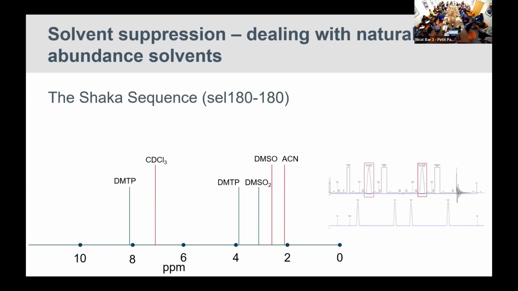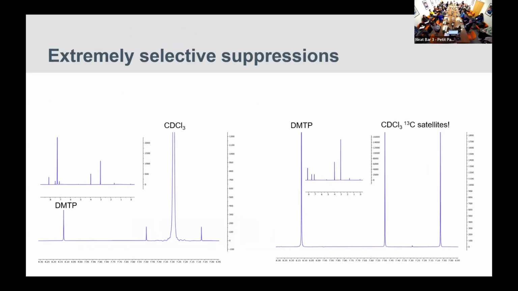So the so-called Shaka sequence actually uses a selective 180 and then another broadband 180, so that you are rotating the solvent selectively by 180 degrees, and then you rotate everything by 180 degrees. So the result of this block is 0 rotation for the solvent and 180 rotation for all the rest. And this works really well for qualitative analysis.